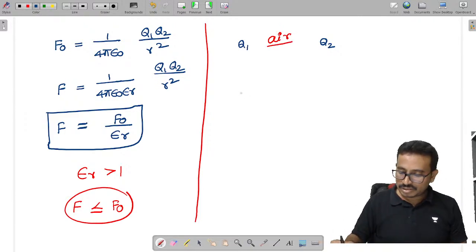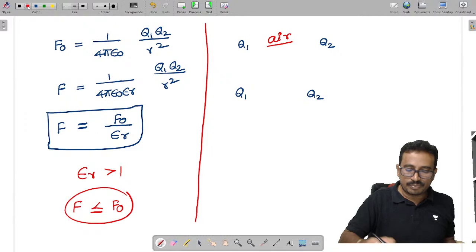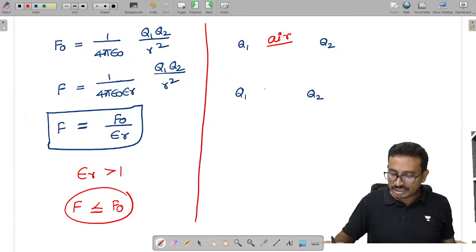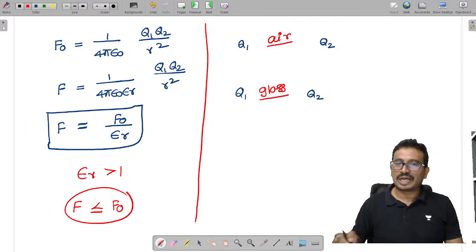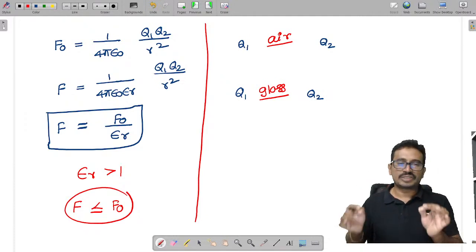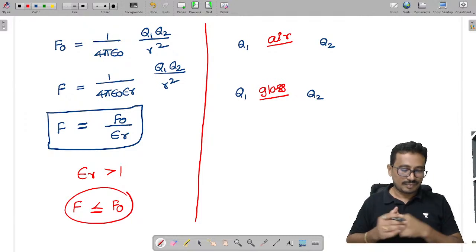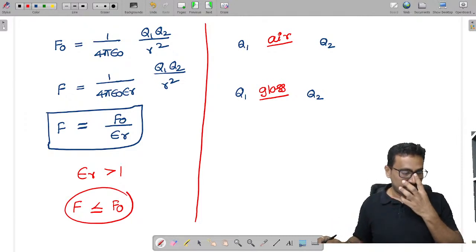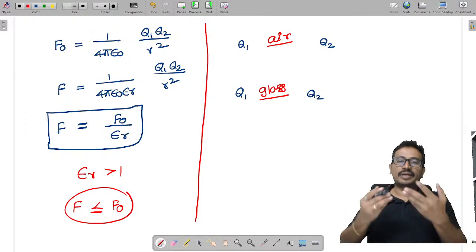Now I have taken the same two charges at the same distance, and the medium between them is filled with glass. What happened to the force between the two charges now? Increases or decreases?